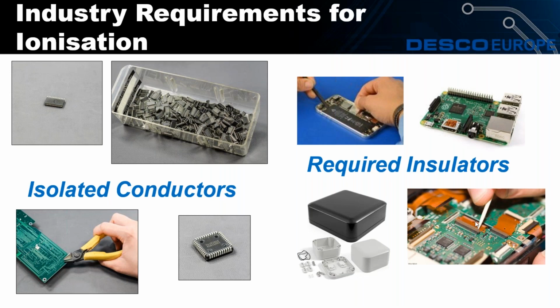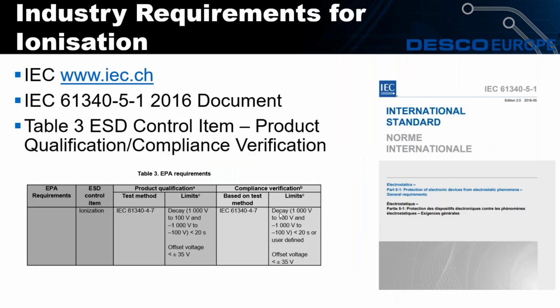Ribbon cable is insulative in nature, so that would be a process essential insulator. We need to make sure that we remove charges from that. So these are where we would need to use ionization: with isolated conductors and required insulators.